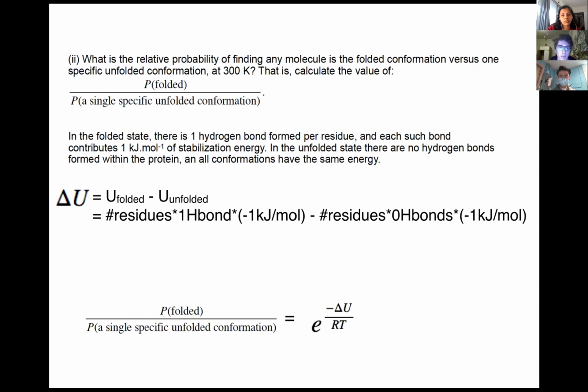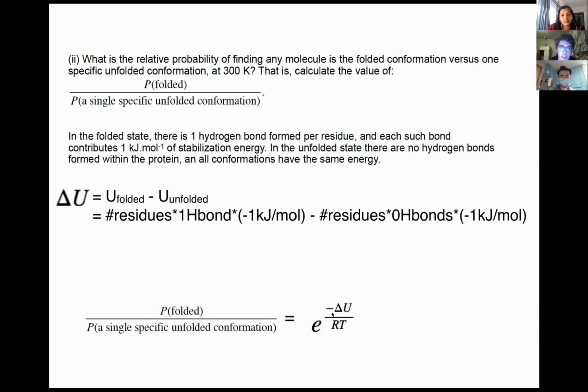So when you plug in this value, the change in energy will be negative, which means when you plug it into the Boltzmann factor, the probability of the folded state is higher when you're just looking at the energy contribution, because there's no stabilization energy that the unfolded state is contributing.